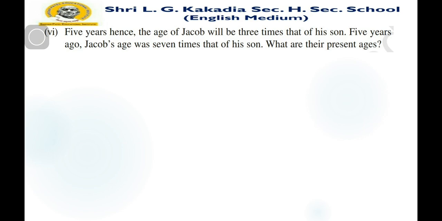5 years hence means it is an age related problem. 5 years hence the age of Jacob will be 3 times that of his son. Means we have to assume the age of Jacob and the age of his son.